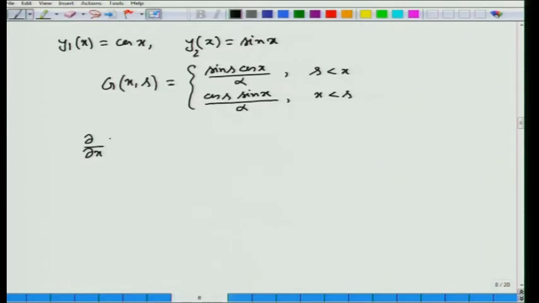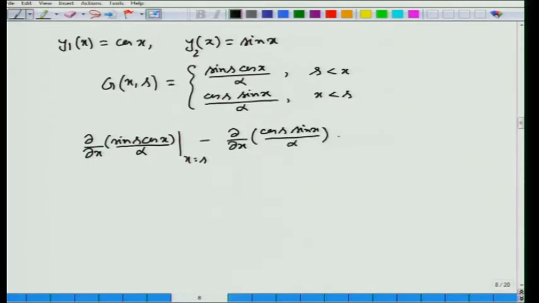∂/∂x of g(x, s) for x greater than s. So, that means here we have to apply on sin s cos x, then substituting x equal to s, minus ∂/∂x of cos s sin x divided by alpha with x equal to s, that is equal to minus 1, because p is equal to 1 here.